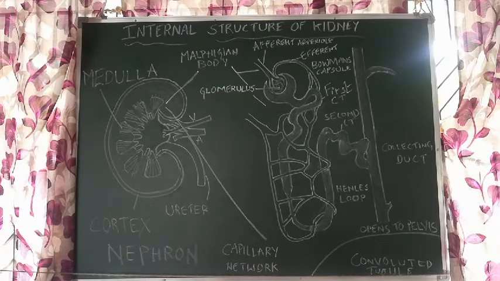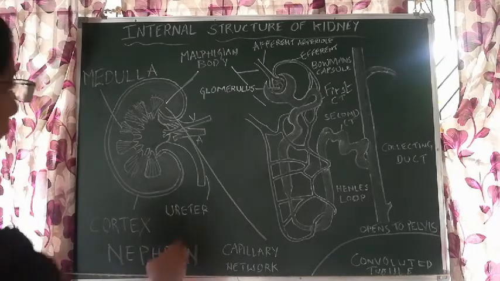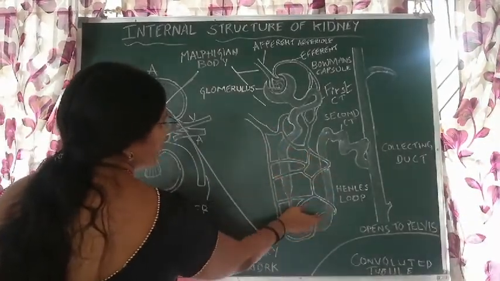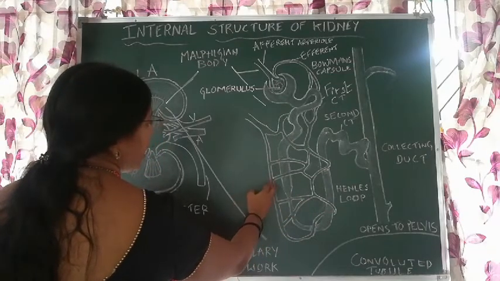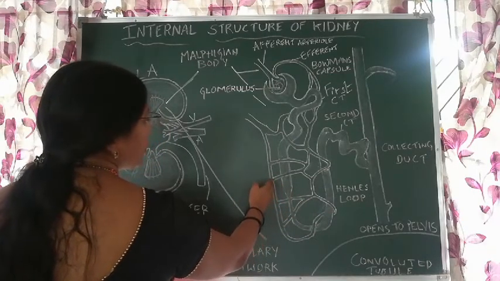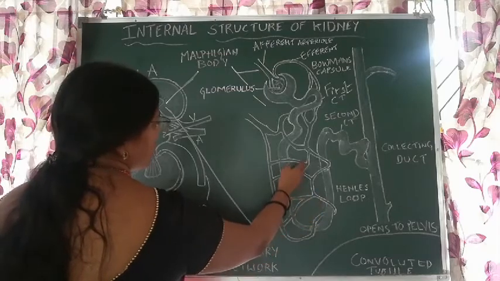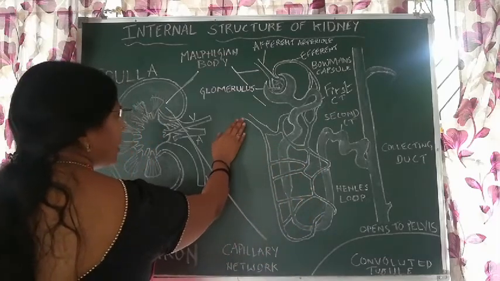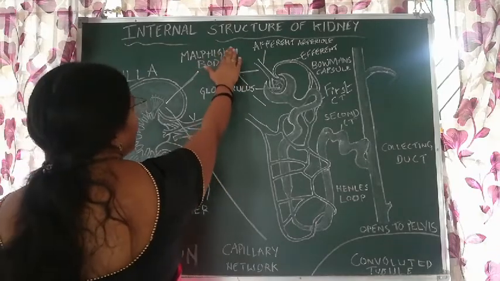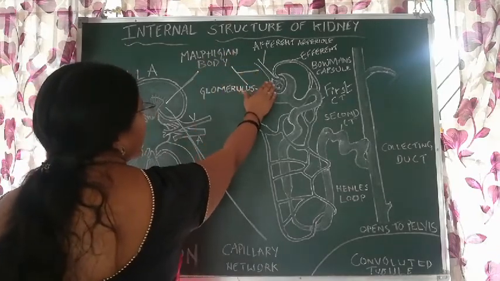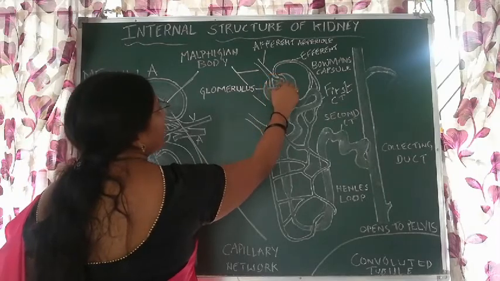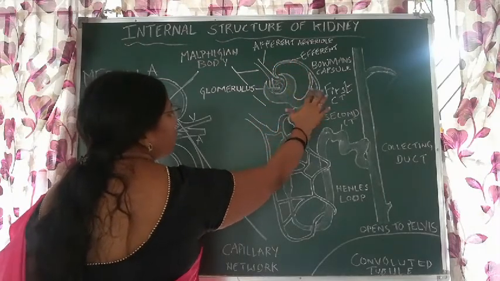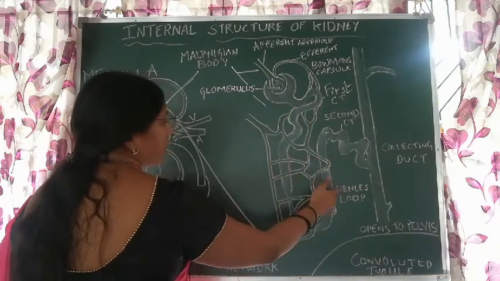See, I have shown you structures like the network of blood vessels surrounding the renal tubule. They are nothing but the peritubular network of blood vessels. These blood vessels form the renal vein. See here, the renal artery divided and it is coming out. This artery formed a glomerulus and it is sending out an efferent arteriole which surrounds the renal tubule.